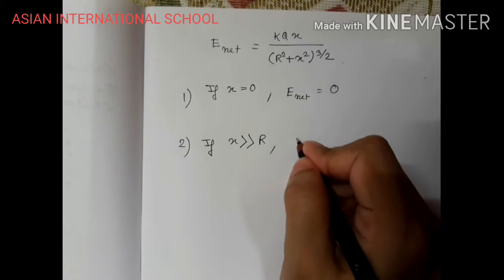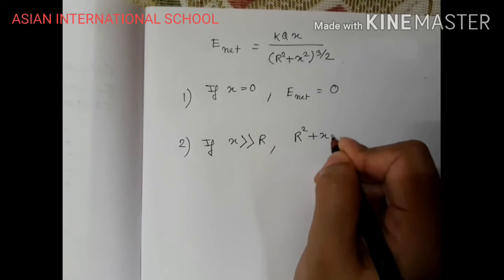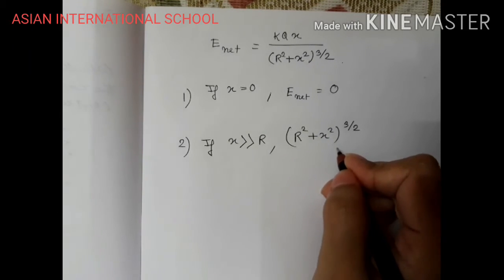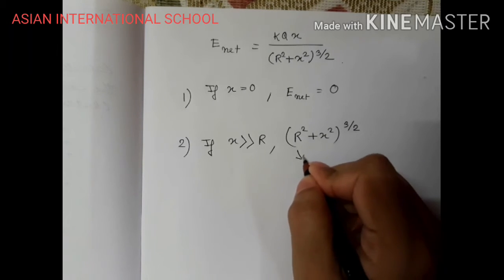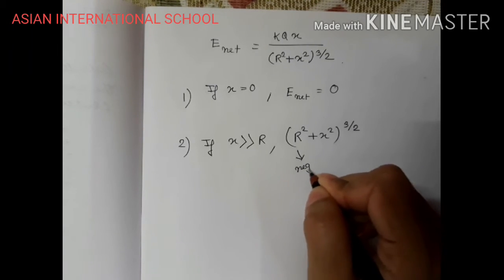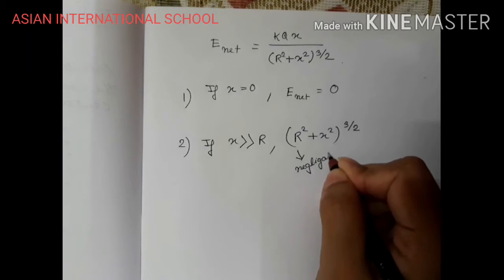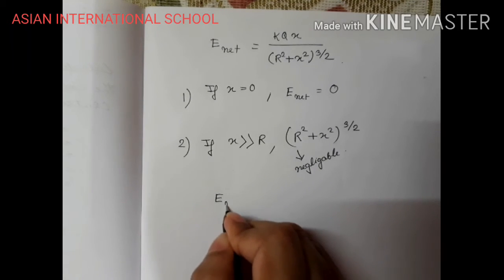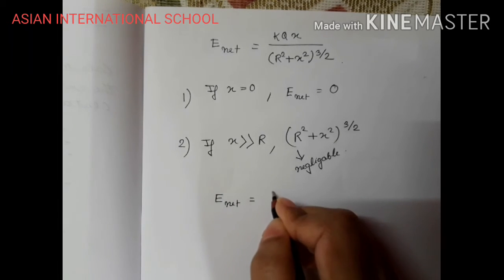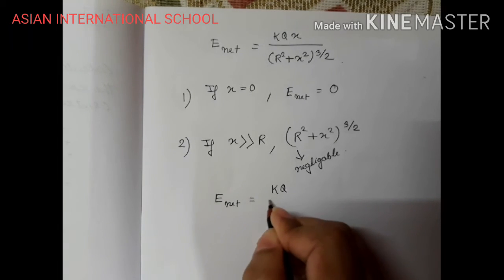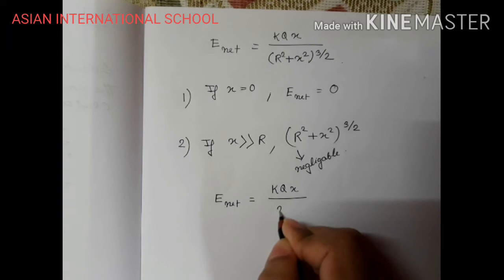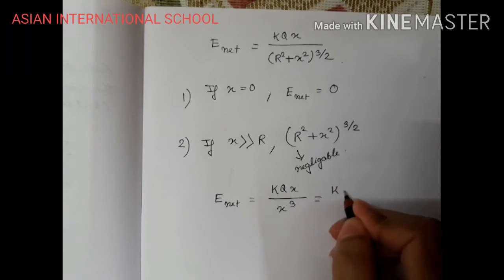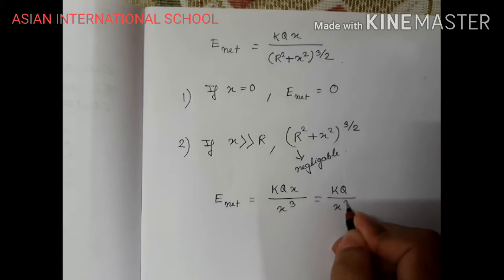In R square plus x square to the power 3 by 2, we can neglect the R square component; it is negligible. Therefore E net equals k q x by x cube, which is k q by x square.